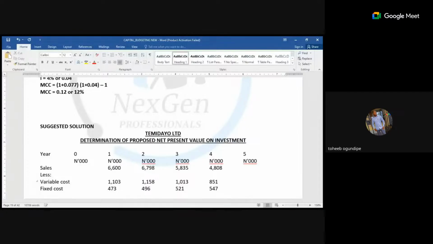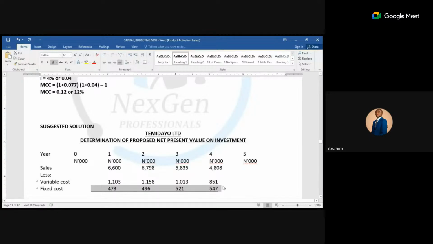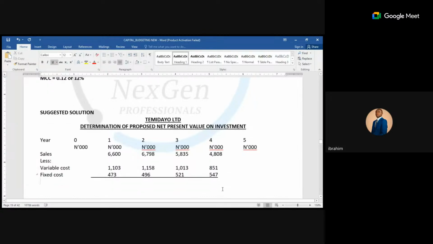We have to get our cash flow. Then we'll apply our tax on our cash flow.